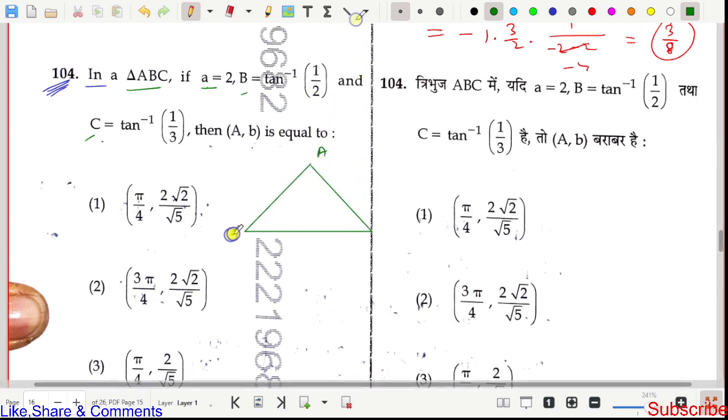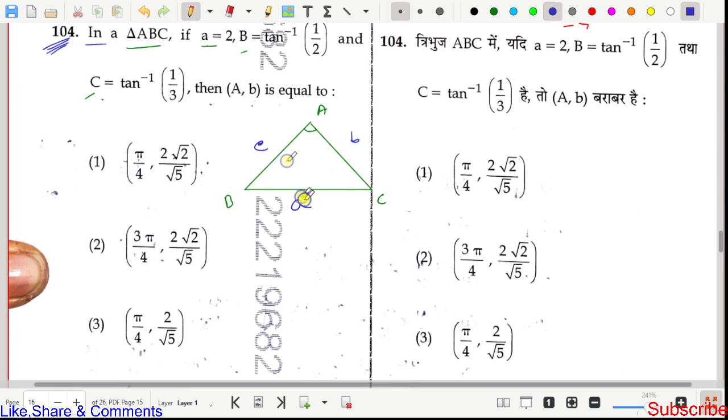In a triangle, we represent the angles by capital letters. In front of angle A is side BC, which will be length a. In front of angle B, this will be length b. In front of angle C, this is length c, that means AB. I hope you have understood.